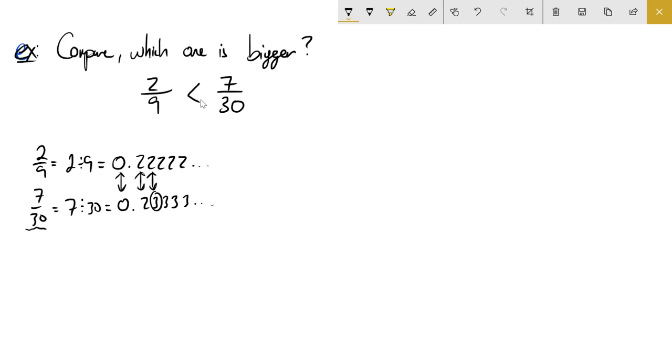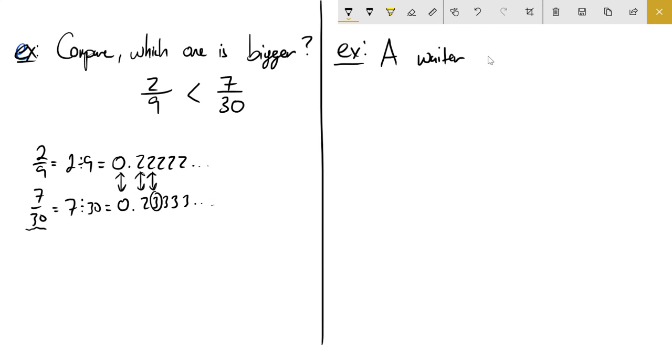Another time that dealing with decimals makes life a lot easier. So let's say, for example, a waiter made $255 in a night.